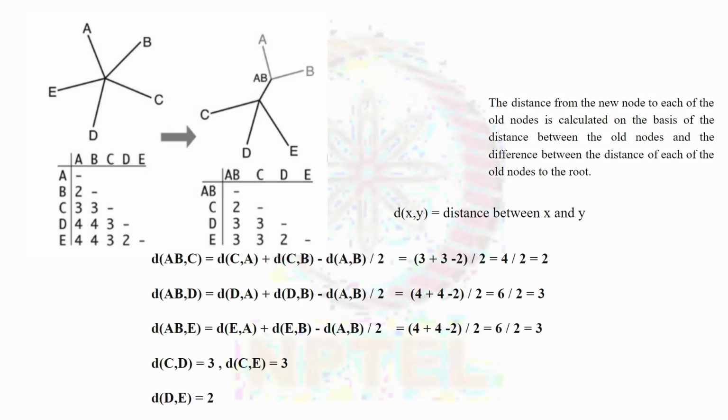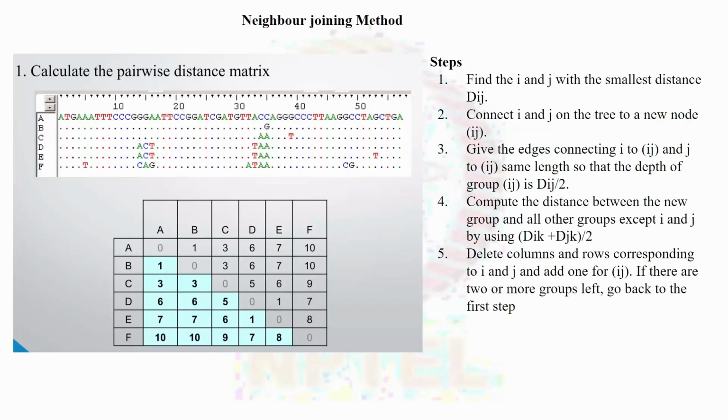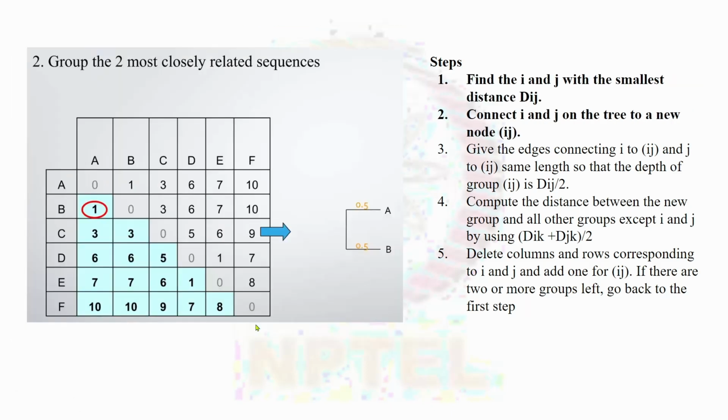So here I have taken one common example for neighbor joining and UPGMA. I constructed a distance matrix again. When we observe the distance matrix, the first step is to find i and j with the smallest distance. When we scan through the matrix, 1 is the smallest value.